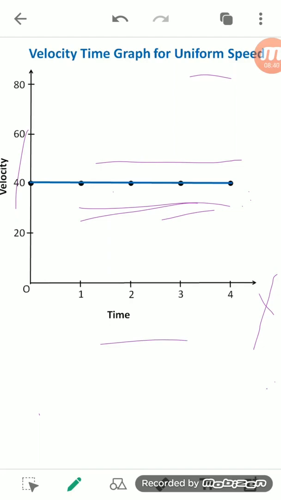So in other words, if the speed time graph of a body is a straight line parallel to the time axis, then the speed of the body is constant.